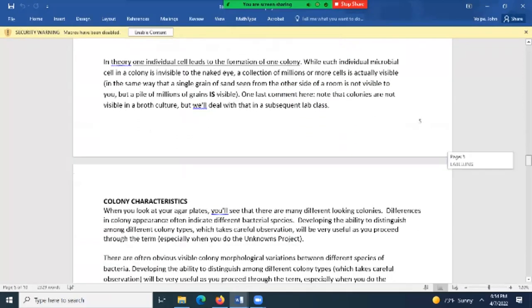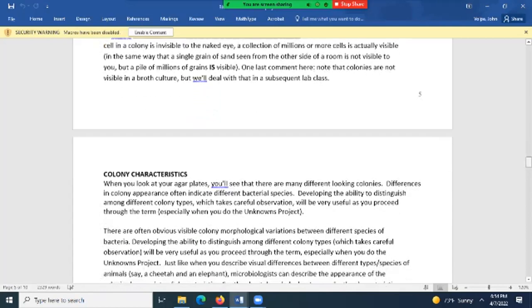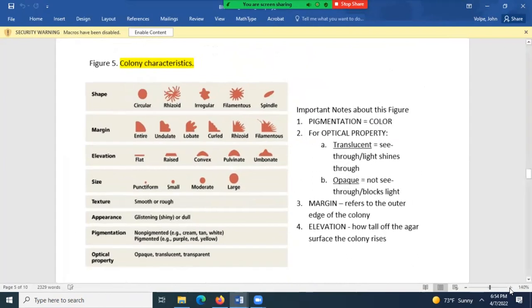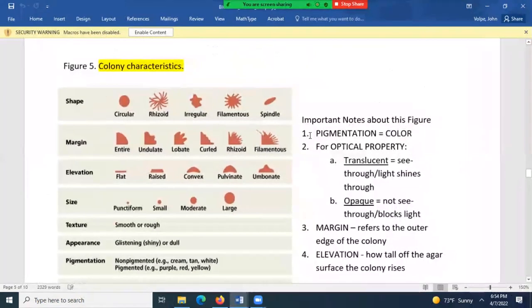You can look at the colony and then describe its characteristics. You can say the colony has a shape, such as circular, rhizoid, irregular, filamentous, spindle. For shape, we're looking at the shape of the colony. For the margin, we're looking at the edge of the colony. Entire is like a circular colony.